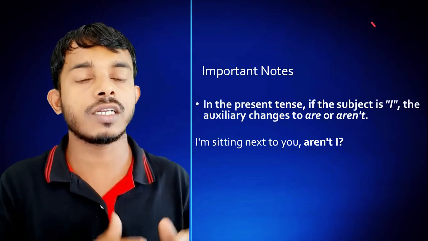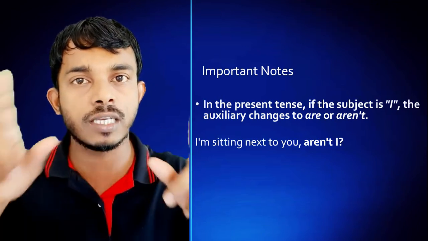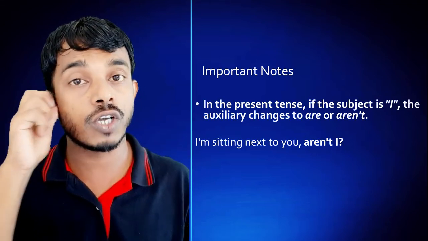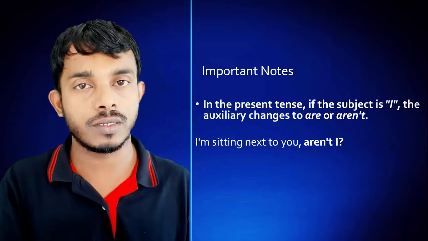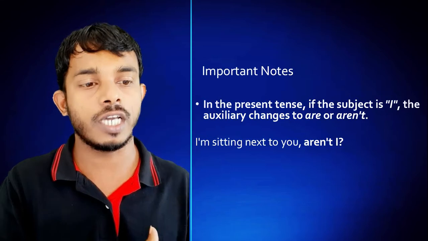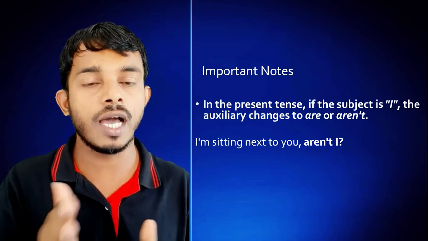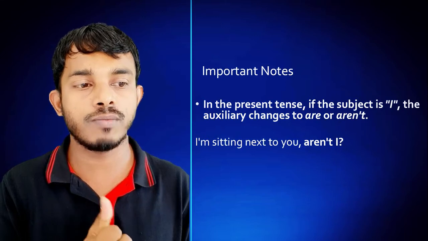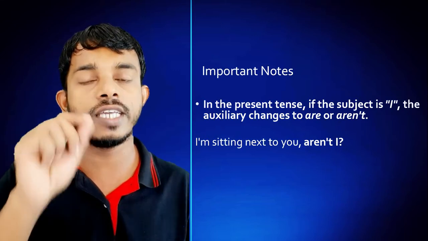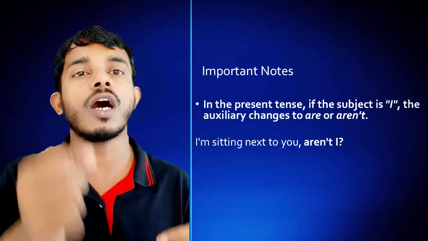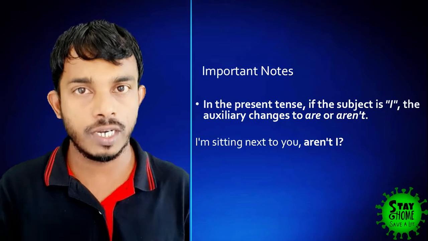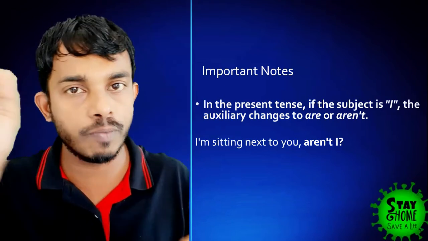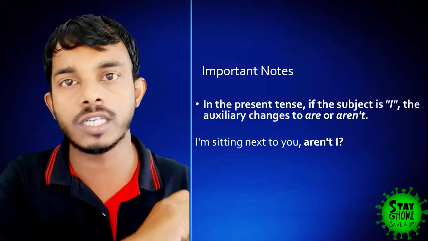But the answer is aren't I. So this is an exceptional case. When I am is coming, the question tag will be aren't I. If the subject is I, we use the auxiliary are. Keep it in your mind, register it.